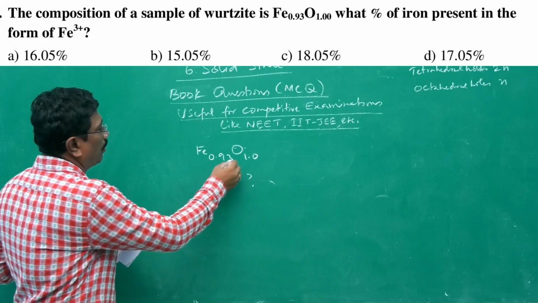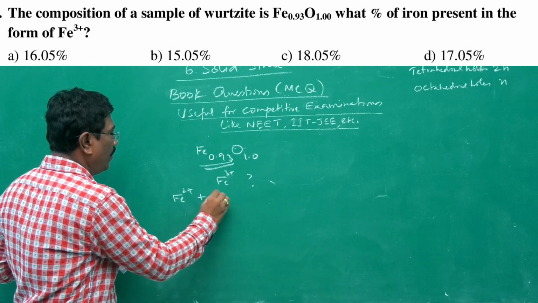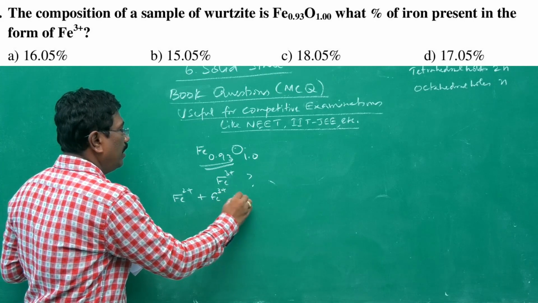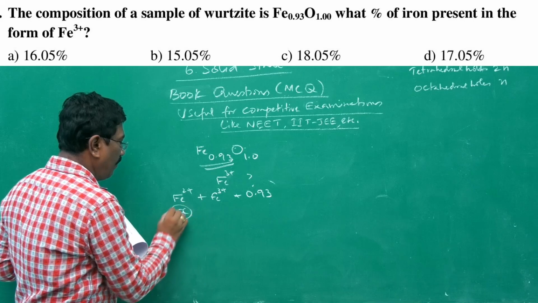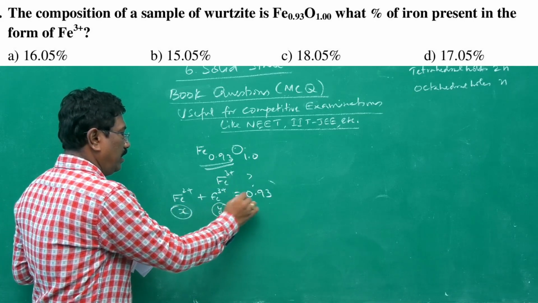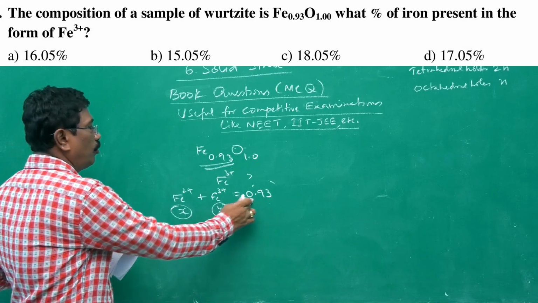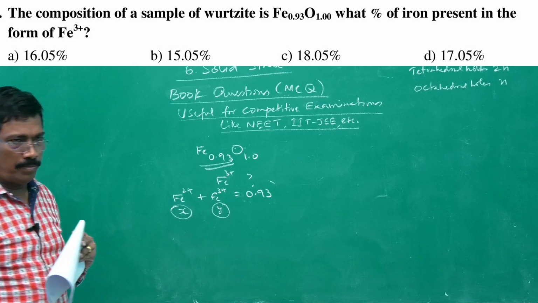So total number of atoms comprising Fe2+ and Fe3+ is found to be 0.93. Let me say X moles of Fe2+ and Y atoms of Fe3+ are present. The total is found to be 0.93. That is the meaning of this molecular formula.